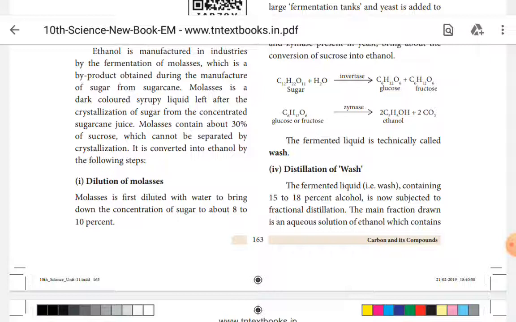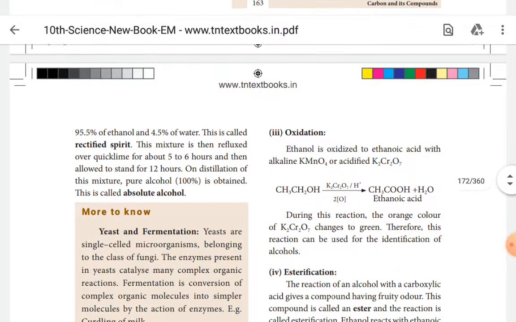Next, the fractional distillation method is applied. The main fraction drawn is an aqueous solution of ethanol, which contains 95.5% ethanol and 4.5% water. This is called rectified spirit.